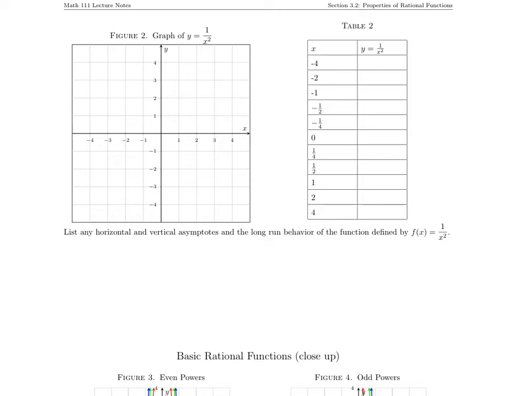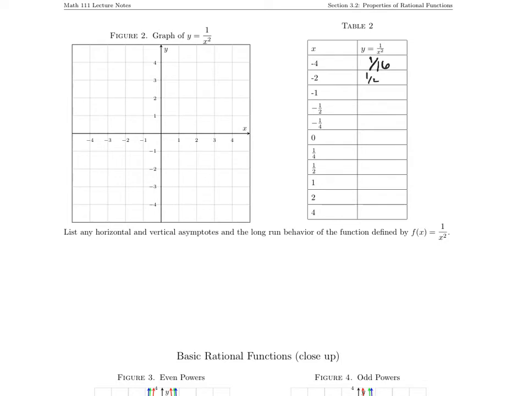So first we're going to create a table, plug everything into 1 over x squared. Again, if you plug in a whole number, you're going to get a fraction. If you plug in a fraction, you're going to get a whole number. But since we're squaring anything we plug in, all of our answers should be positive. So for instance, if we plug in a negative 4, we should get 1 over a positive 16, because negative times negative is a positive.